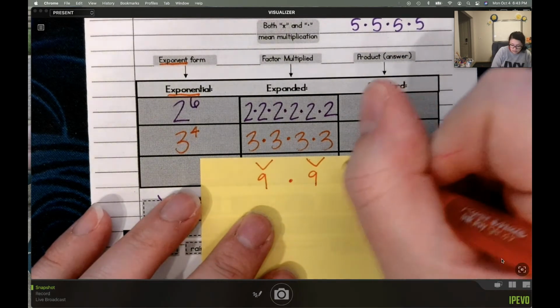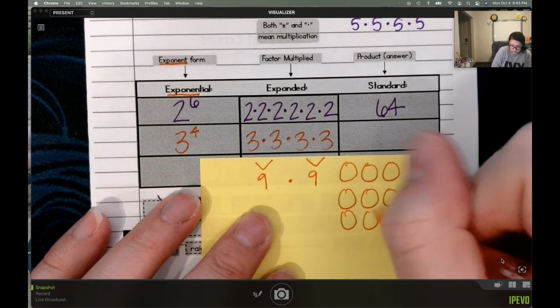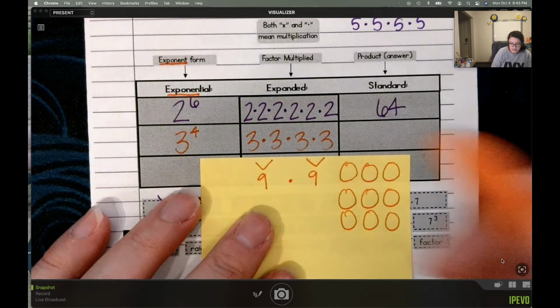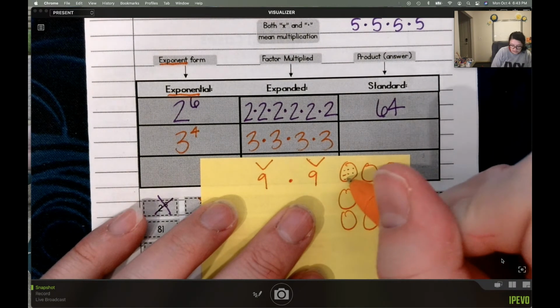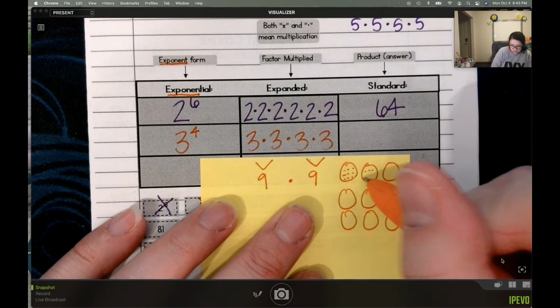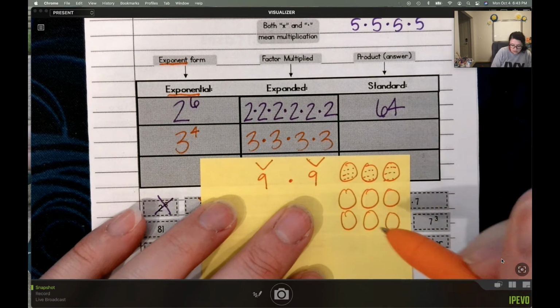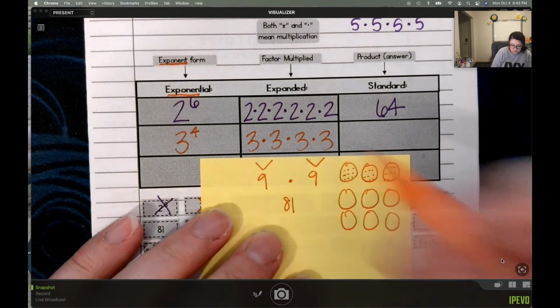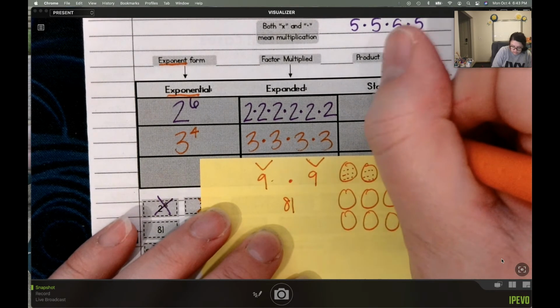If you don't remember, you can do your chocolate chips and cookie method. Get 9 cookies, put 9 chocolate chips on each, and count up 1, 2, 3, 4, 5, 6, 7, 8, 9, 18, all the way till you get to 81. 9 times 9 is 81.